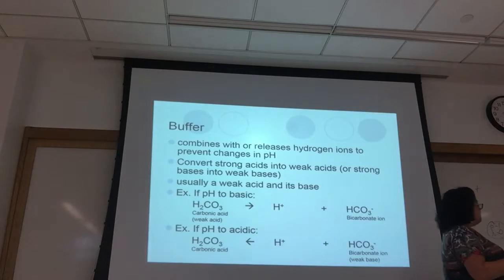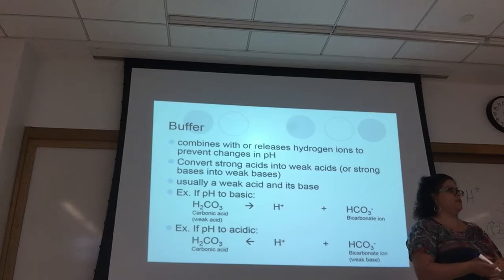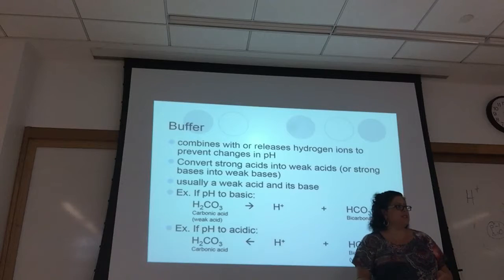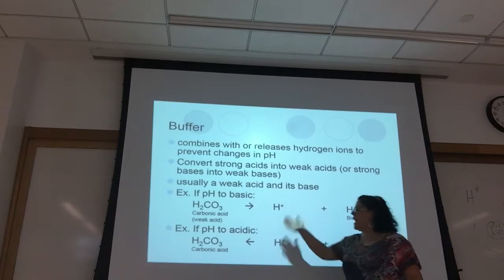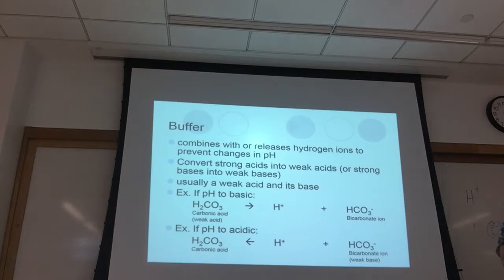In the body, you have buffers as well. There are phosphate buffers and the carbonic acid buffer system that you can see here. So you have these buffers already within your body.